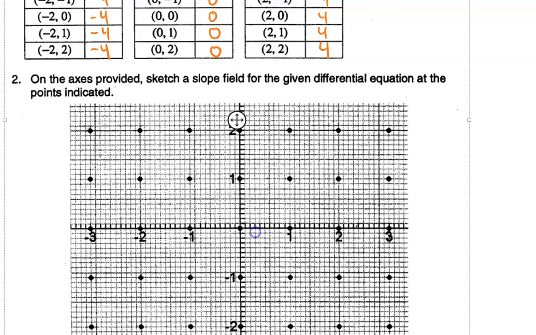If you want, you could count up and left and down and right by 6 on each of these, but I just know that's going to be a very steep negative slope. So I'm going to draw a segment that looks something kind of like that, and then again for all of the other values.